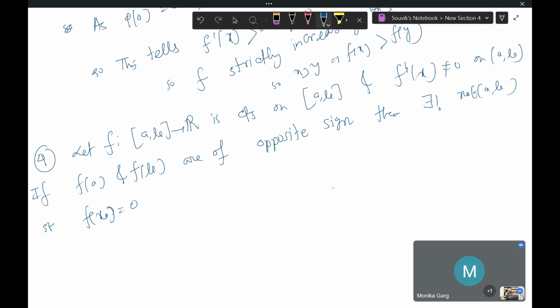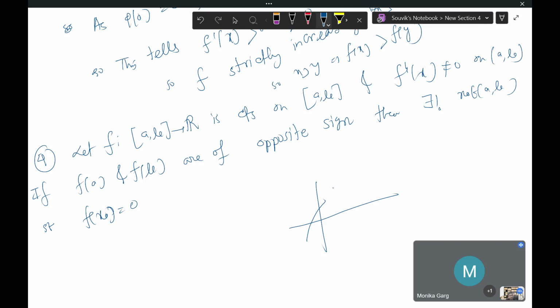We can explain it geometrically. F dash x is not equal to 0, which means the slope is not 0, so the tangent at any point between a and b is not parallel to the x-axis.